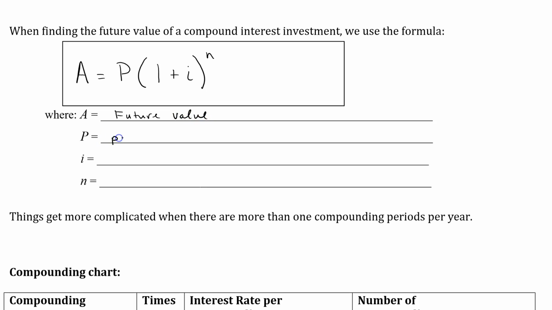P is still our principal, which is the original amount that we invest. i is the interest rate per compounding period.